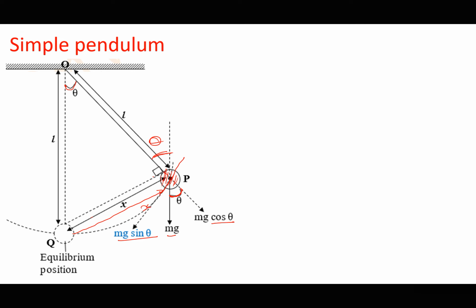Therefore, the force tending to bring it back to equilibrium must be pointing towards the equilibrium position, so it is going to be in the opposite direction. And for that reason, we shall simply say that the restoring force F is equal to negative mg sin theta, because this is the force which is acting towards the equilibrium position.